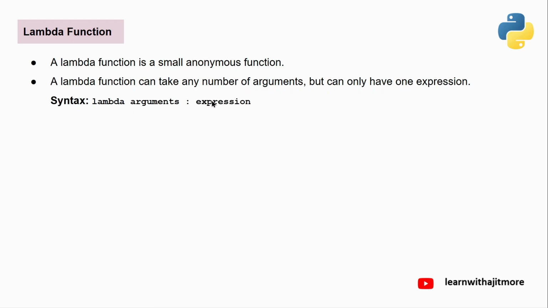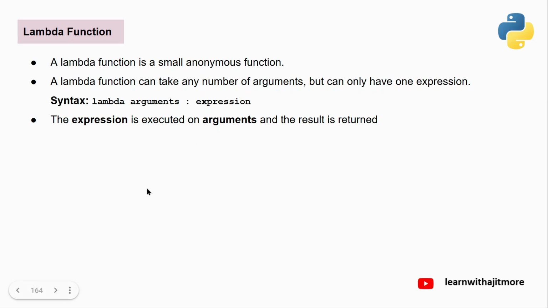If this function is performing some calculation, no need to even write return. Get it? No need of using the return keyword. It is going to return the value. Okay. The expression is executed on these arguments and the result is returned.